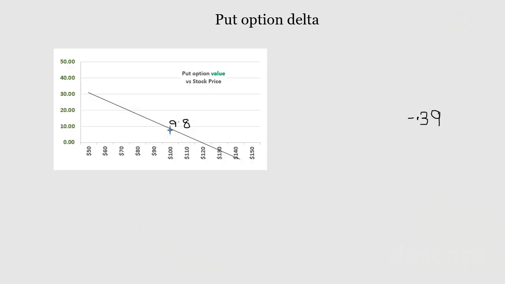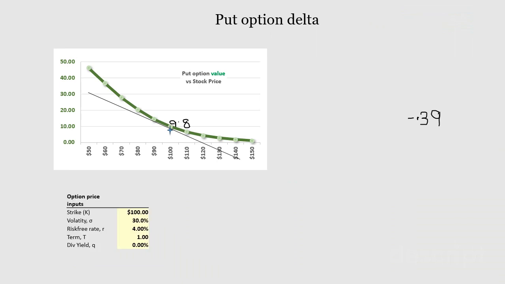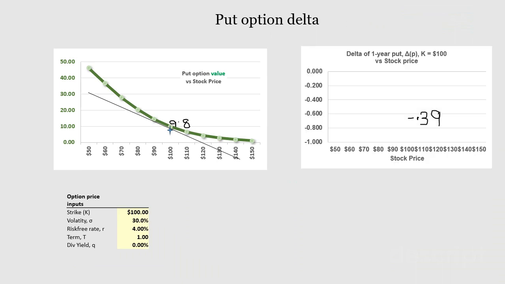As the spot price increases, the tangent becomes more horizontal. The slope and delta of the P value curve obviously move towards zero. As the spot price reduces, the tangent becomes more vertical, so the slope increases and the delta moves towards -1 in this case.